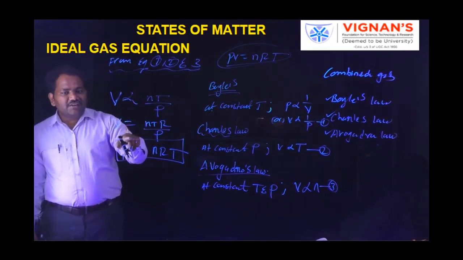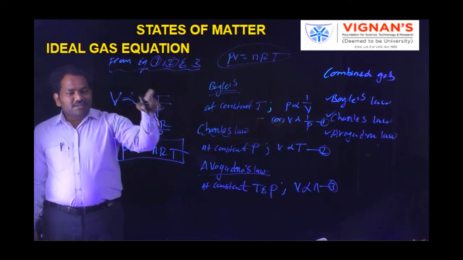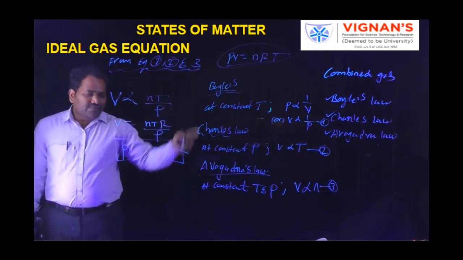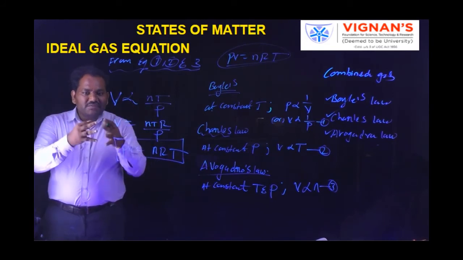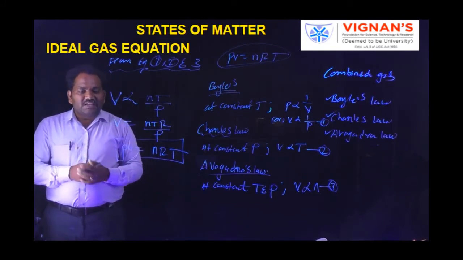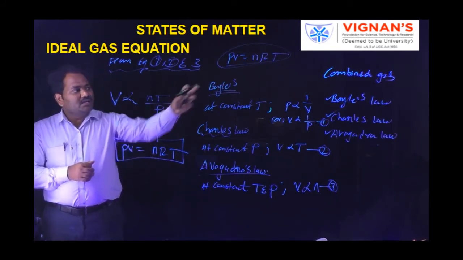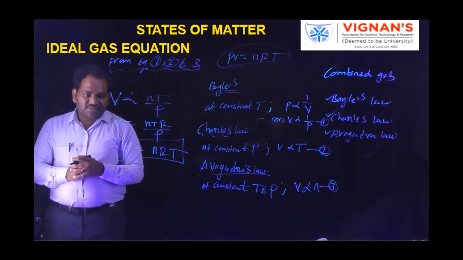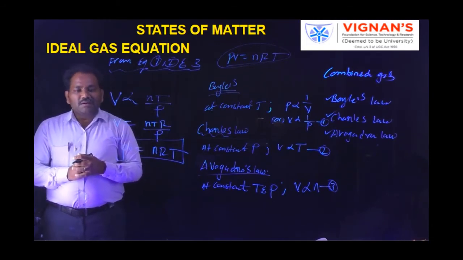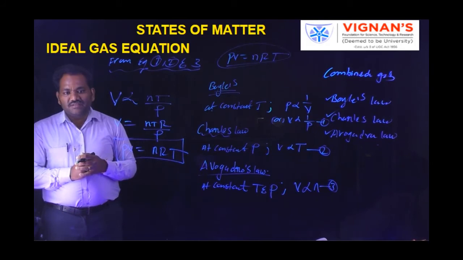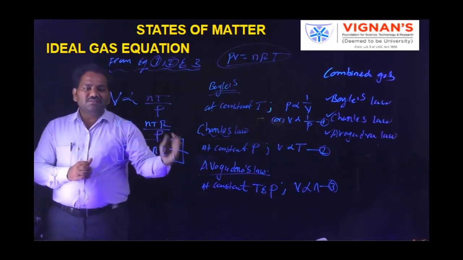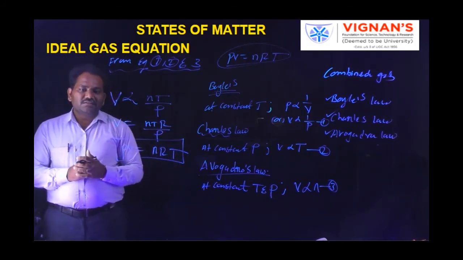It is derived from Boyle's law, Charles' law and Avogadro's law. By combining the three equations, this equation is arrived at. That's why it is also called the combined gas equation, which is nothing but PV is equal to nRT.